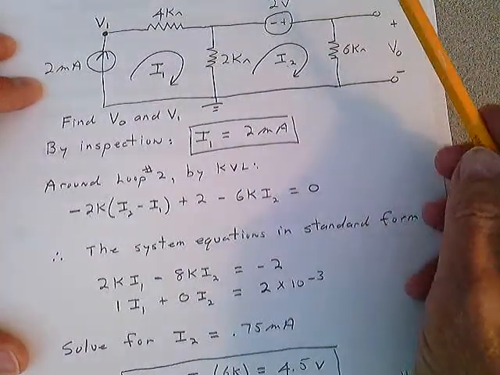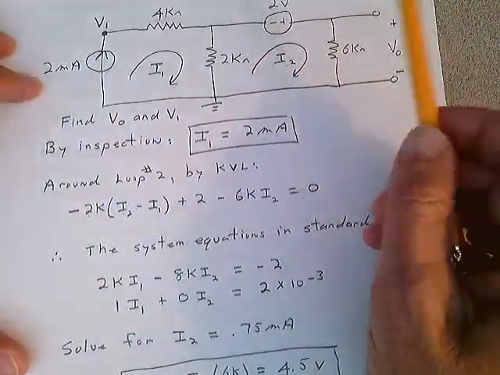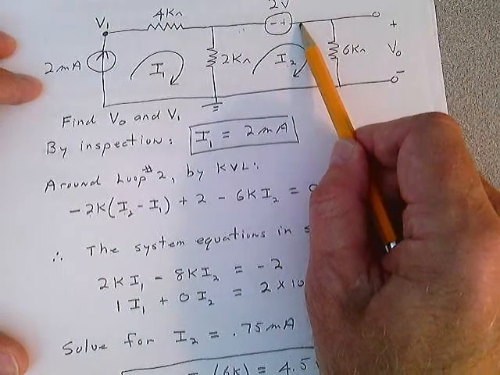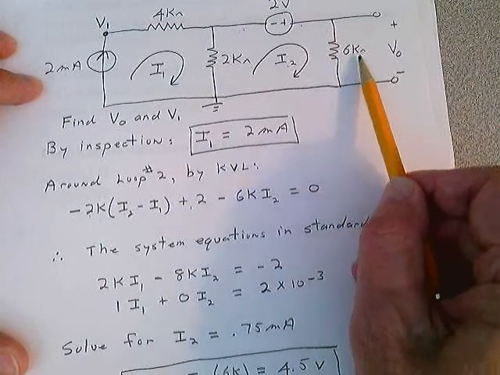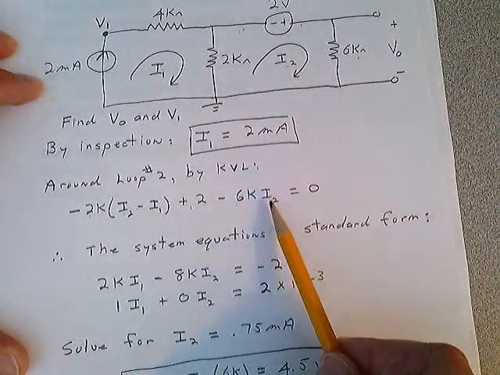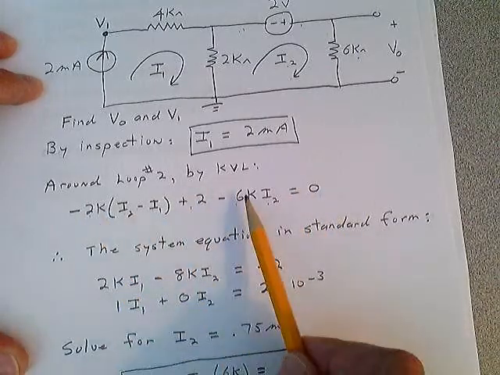And then you're at this point, plus 2 volts. And then you have a resistor here, minus 6K. You stop and think, what current? It's current I2 equals 0. That's not your standard form, but you get it in a standard form.